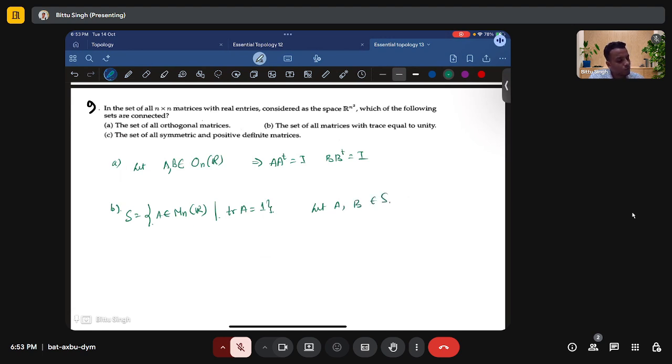Then we'll prove that any convex combination also belongs to S. So take a continuous map f from closed [0, 1] to S given by f(t) = tA + (1 minus t)B. Okay.